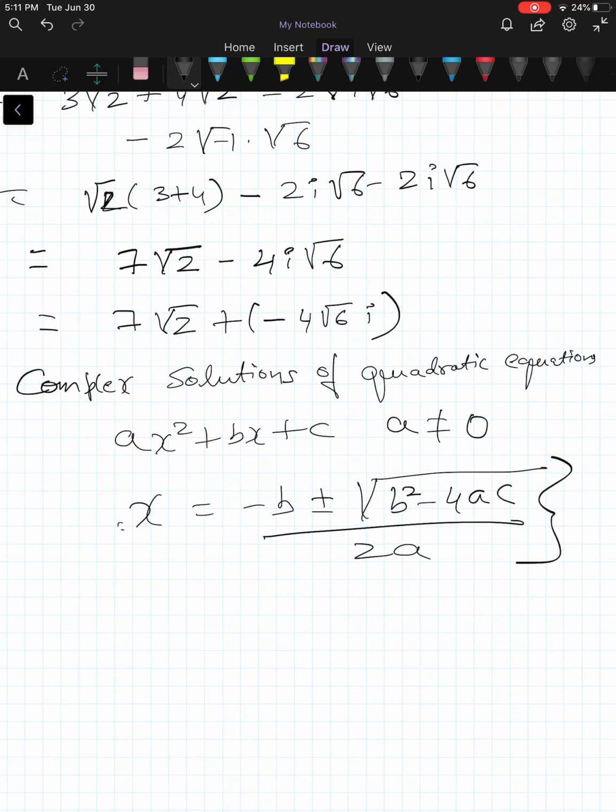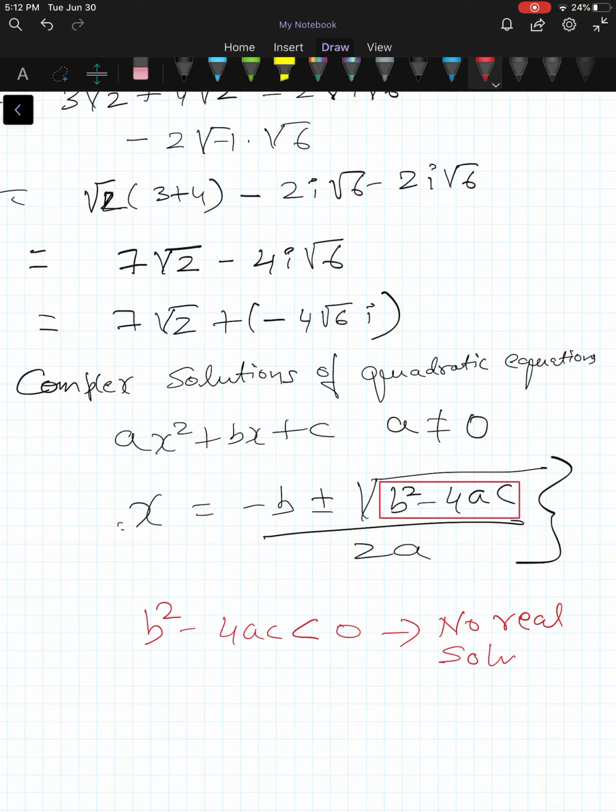But how do we identify if the solution is real or complex? The term b square minus 4ac helps us in identifying that. If b square minus 4ac is less than 0, then the equation has no real solution. If there is no real solution, you will have complex solutions.